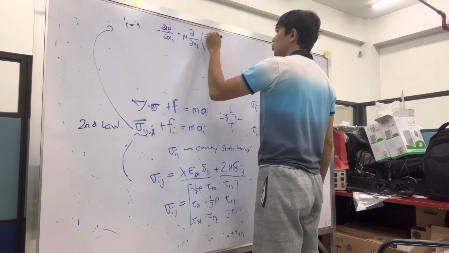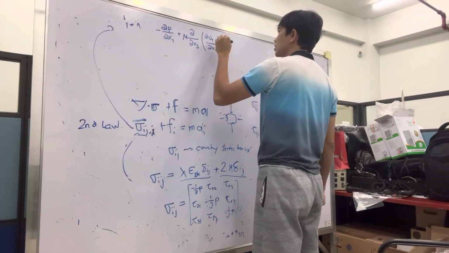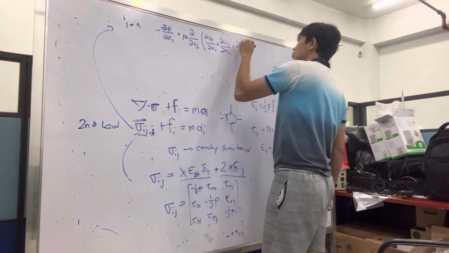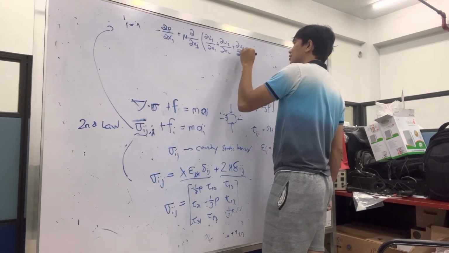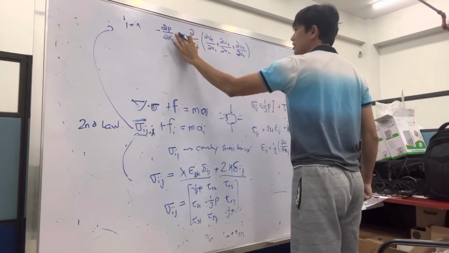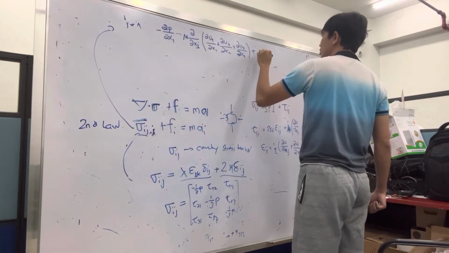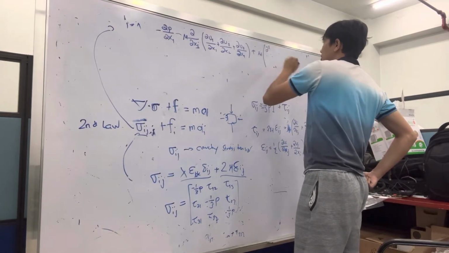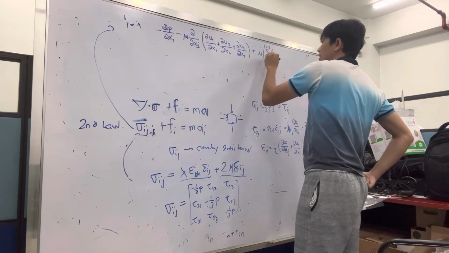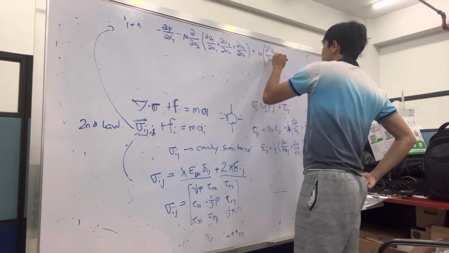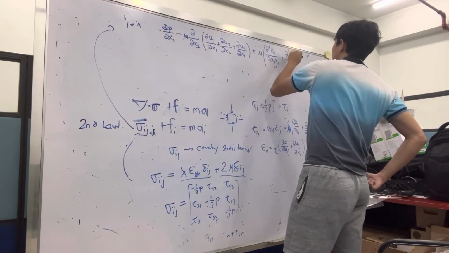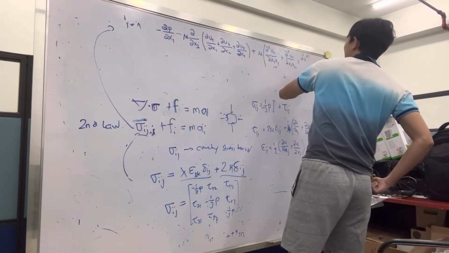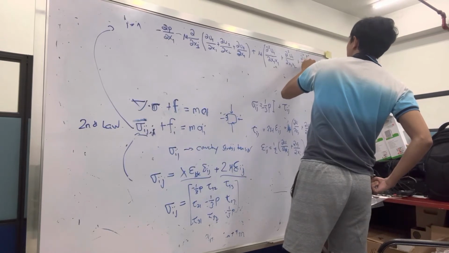So meron kang 2 mu u1 over x1 plus 2 mu u2 over x2 plus 2 mu u3 over x3, plus, I think this is minus pala, plus mu, then second order, u1 over x1, u1 over x2, u3 and then u1 over x3.